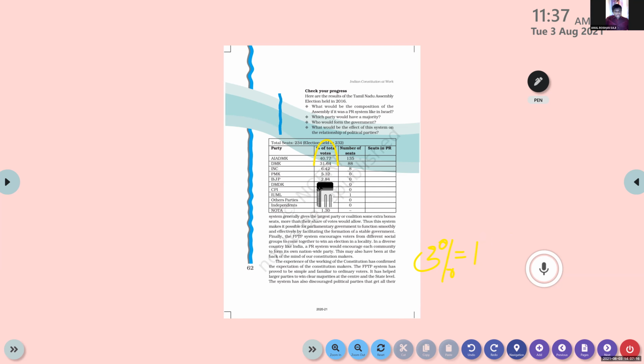Then tell me how many seats will be there for different political parties? Calculate and tell me fast.